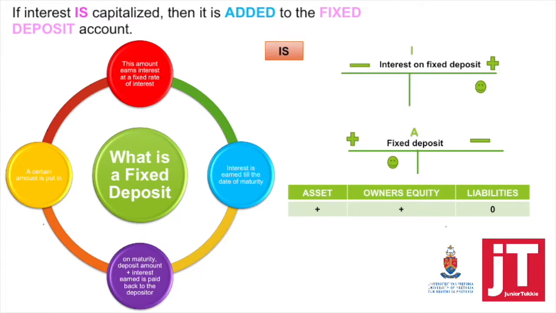And at the end, once this reaches its maturity date, that investment will mature and pay into your account the capital amount plus the interest. So when interest is capitalized, interest on fixed deposit is still going to be credited. It's an income. Account debited is the fixed deposit. It means that our assets will increase.